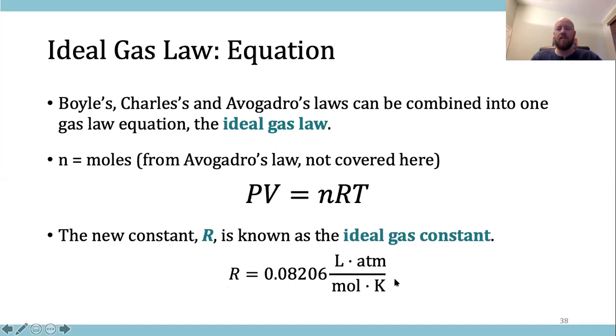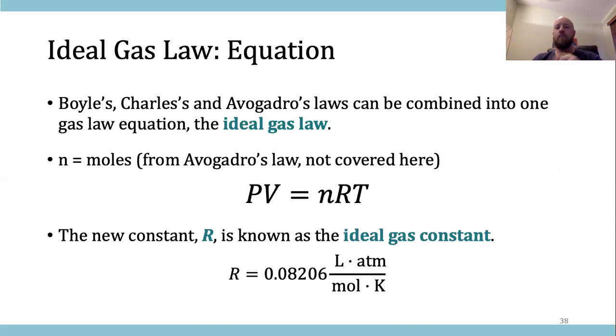So it's kind of like the Rosetta Stone unit, right? It allows us to convert from one thing to another and get the right units. Because obviously if we put pressure in atm times liters, we're not going to get moles, right? So the gas constant allows us to convert those units to one another.